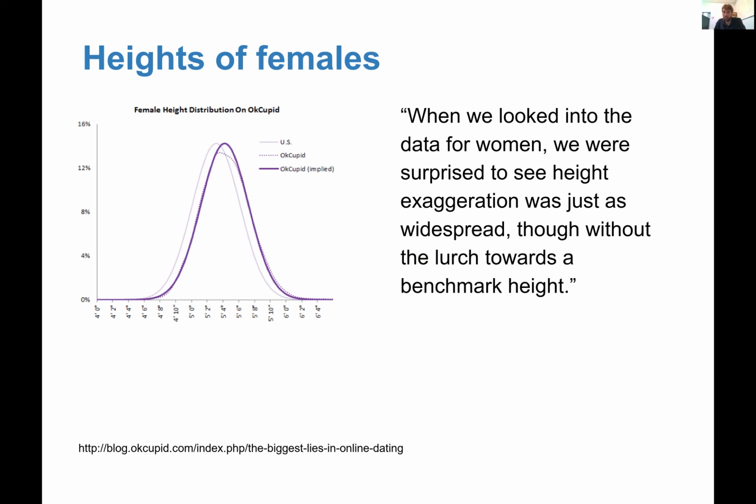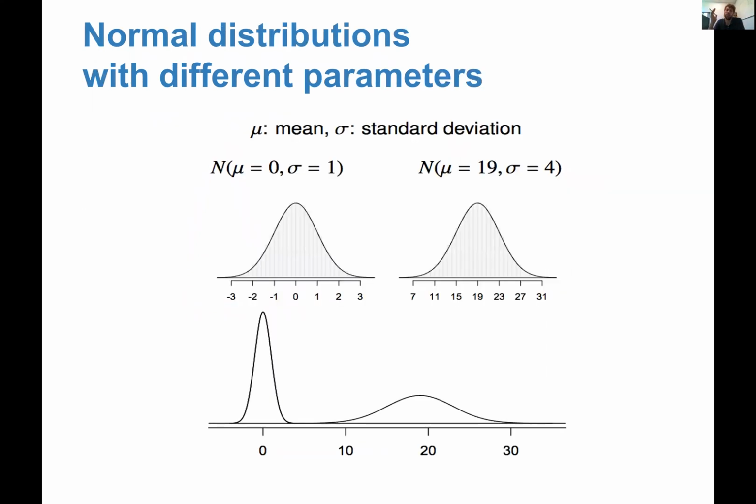Let's move on to the mathematics of the normal distribution. All right, so here are two normal distributions: N with mu equals 0, sigma equals 1, and N with mu equals 19, sigma equals 4. Notice how the numbers on the right are different and scaled differently.